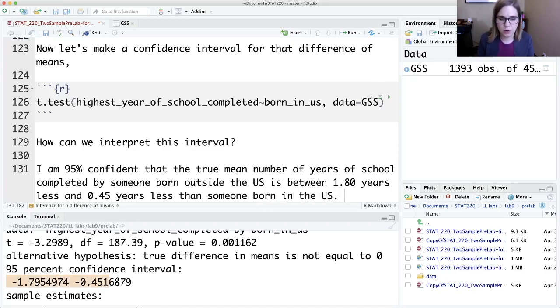Because that whole interval is negative, we're sure that someone born outside the US has between 1.8 years less and 0.45 years less than someone born in the US.